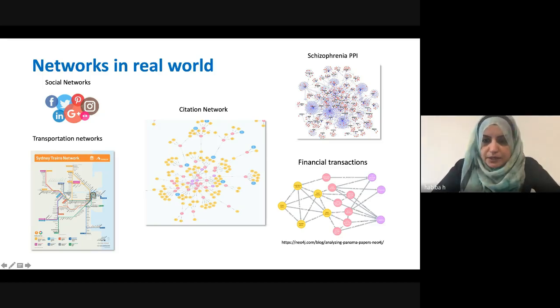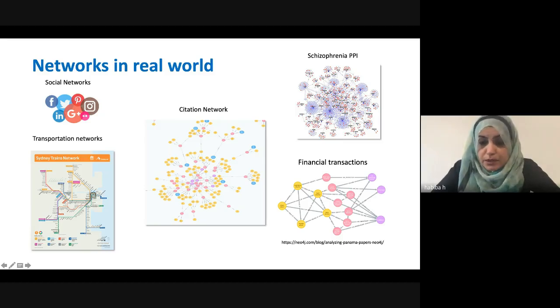And another application that is highly relevant for this whole paradigm of deep learning on graphs is financial transactions. Basically, which are fraudulent transactions, which are questions of money laundering, tax evasion. All of them are something that a number of financial bodies and governments are interested in.